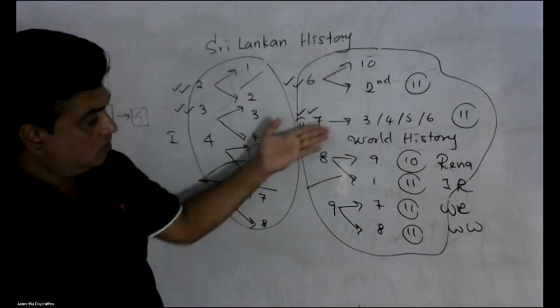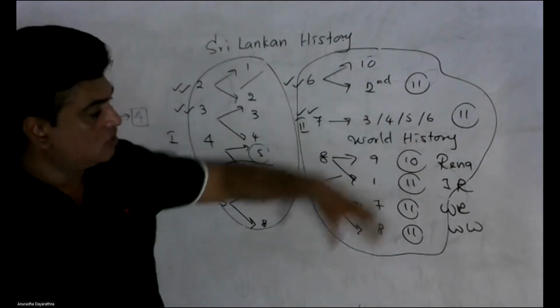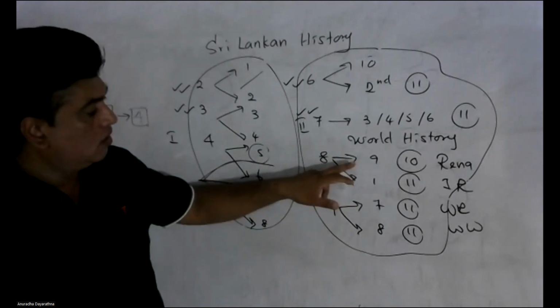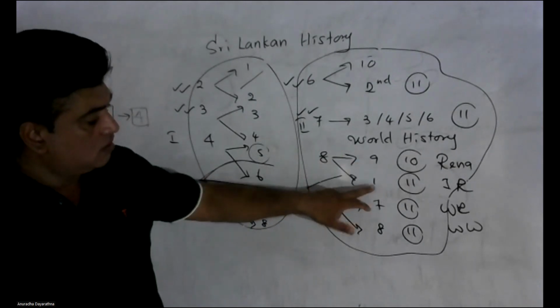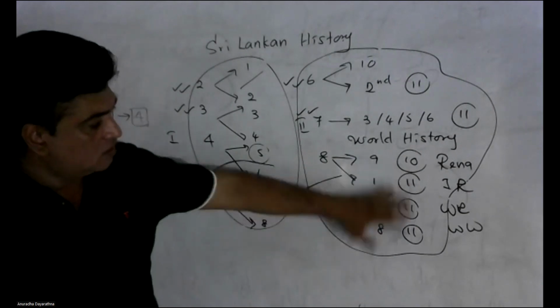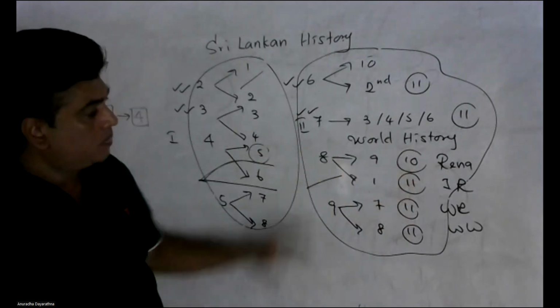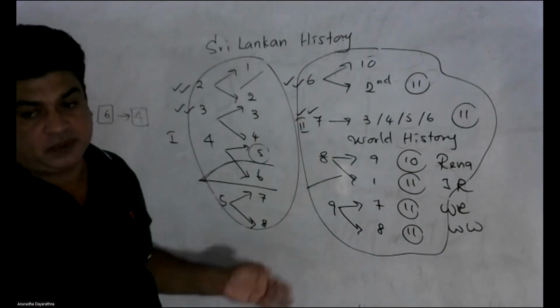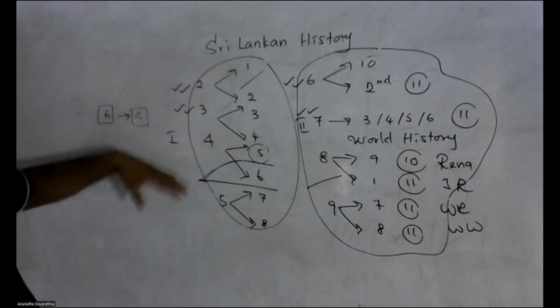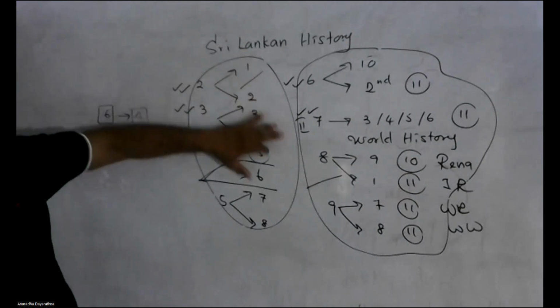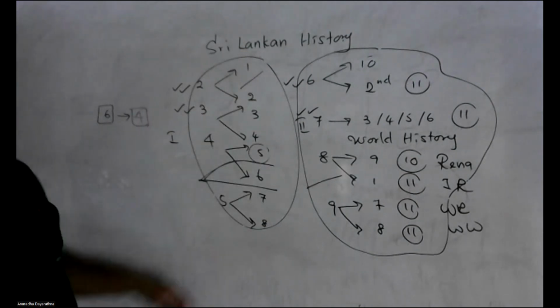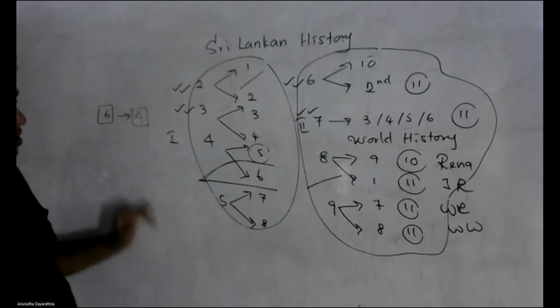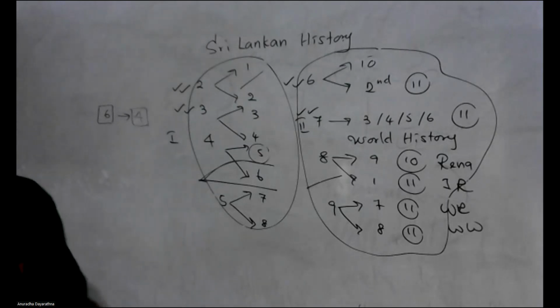Then we continue like this with grade 11 lessons 3, 4, 5, 6. Then grade 11 first lesson, 7 and 8, and the grade 11 topics we are discussing today, to answer questions 6, 7, 8, 9 of our paper. That day we discussed grade 10 lessons one to five, and 6, 7, 8 we will discuss at the end of this month.